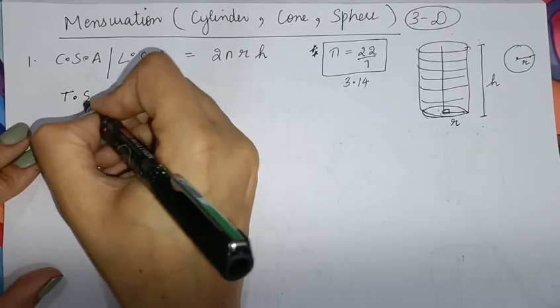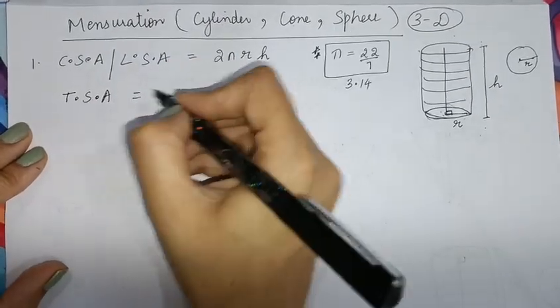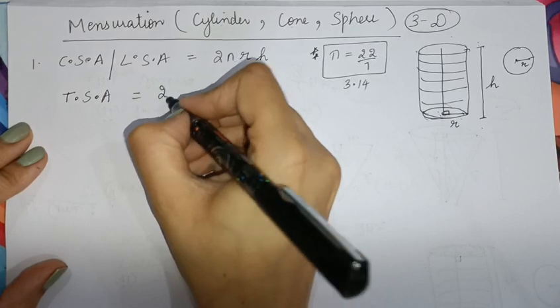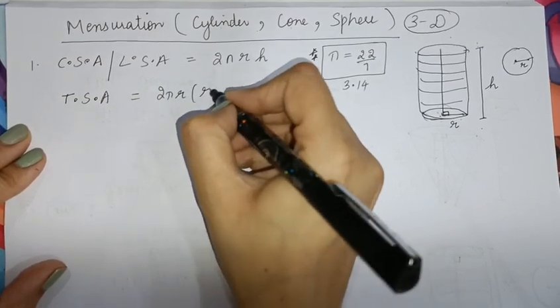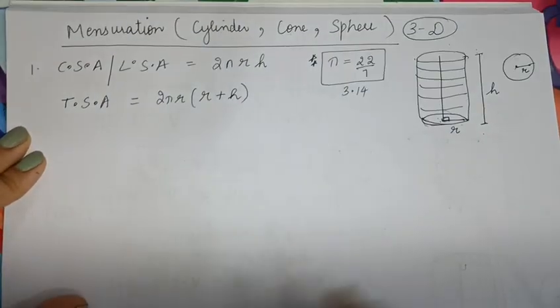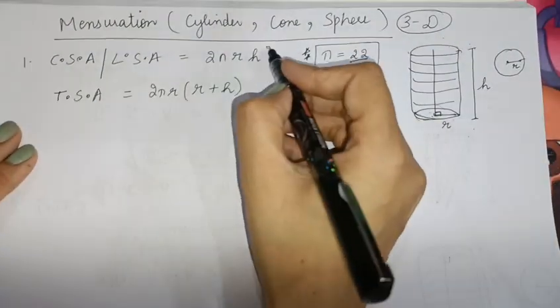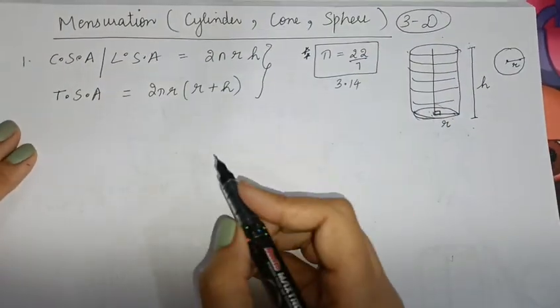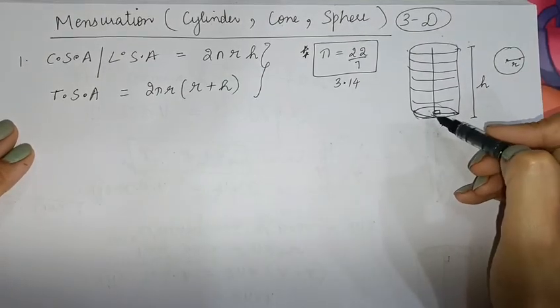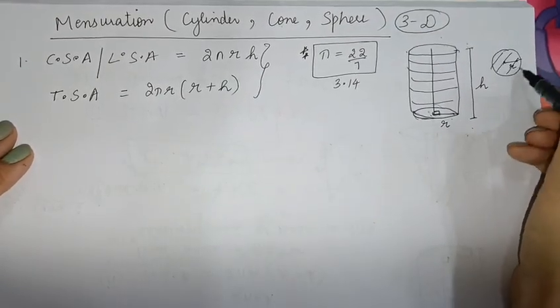Then total surface area. Total surface area's formula is 2 pi r into r plus h. Along with these two areas, you should also know base area. Base area means this area of circle.